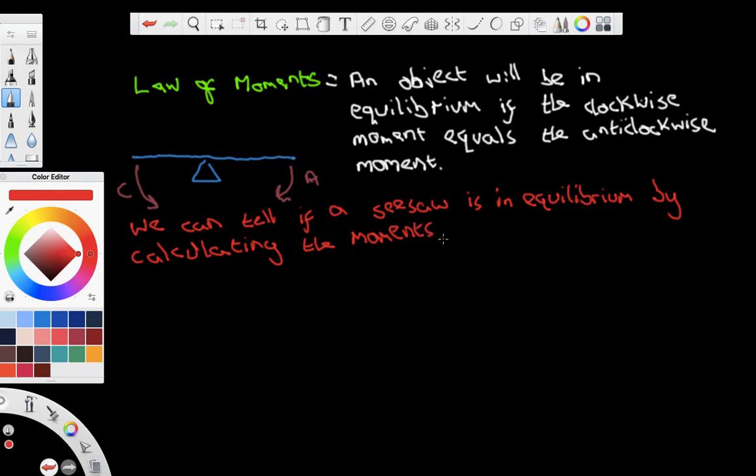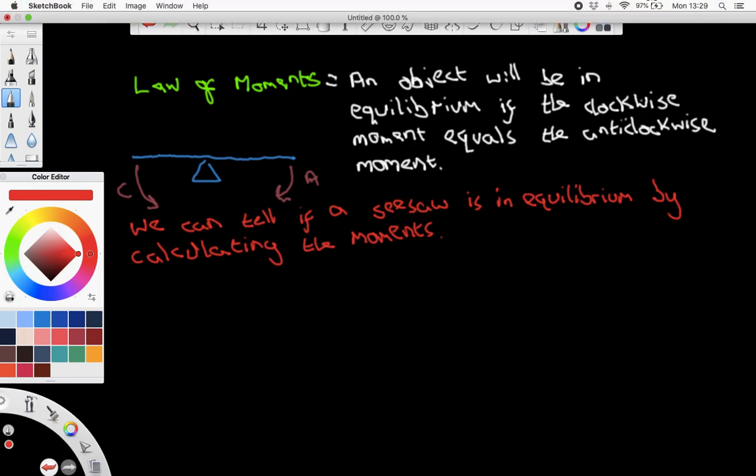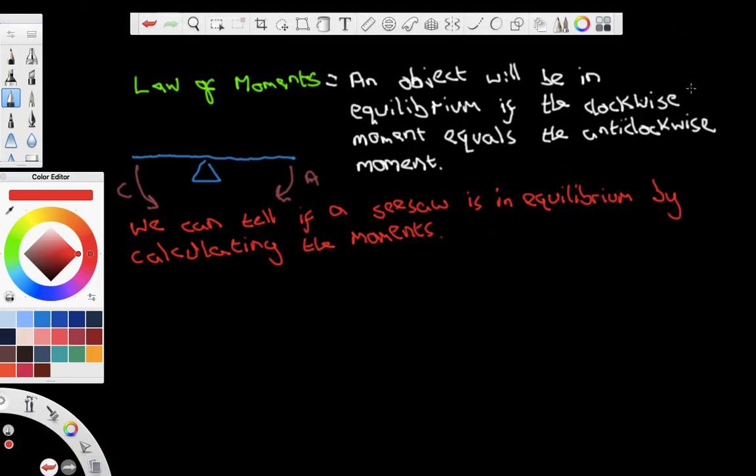So we can calculate the moments to see if a seesaw is in equilibrium. You should now be able to tell me what we mean by the word equilibrium.